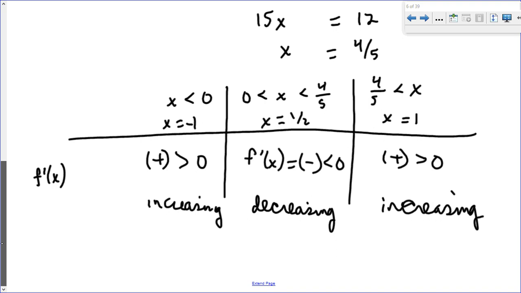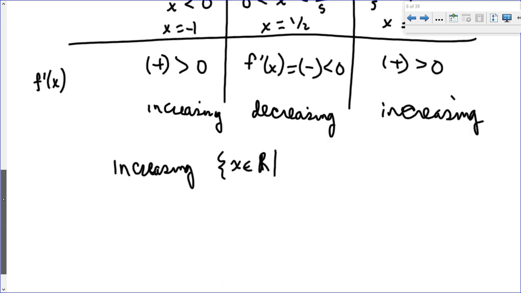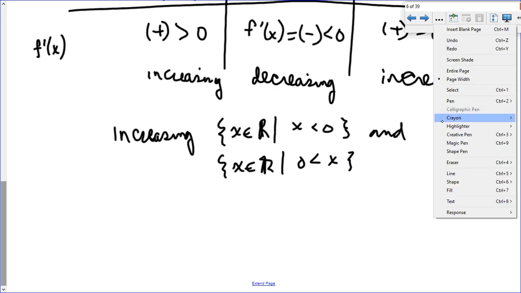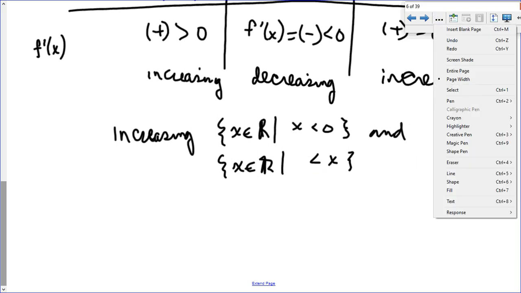Okay, so it's increasing between, so less than 0 and greater than, oh no. Next one is 4/5.